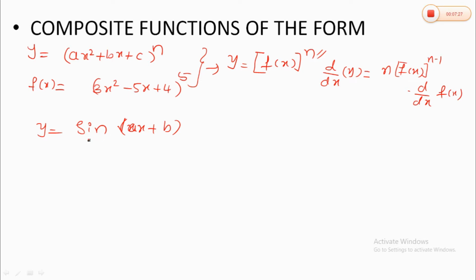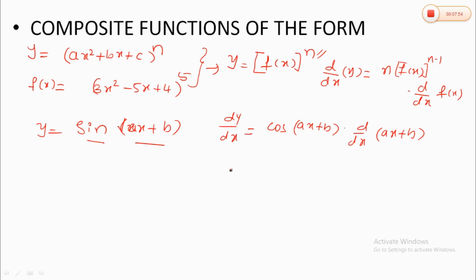So first differentiate sine, then differentiate ax plus b. So dy by dx is equal to the derivative of sine, that is cos(ax plus b), then d by dx of ax plus b.